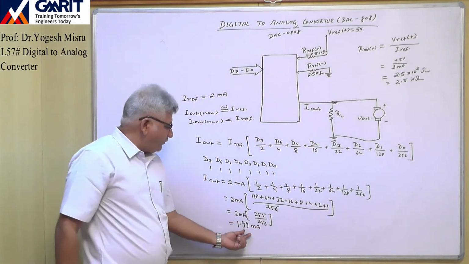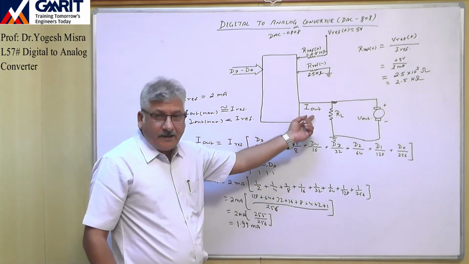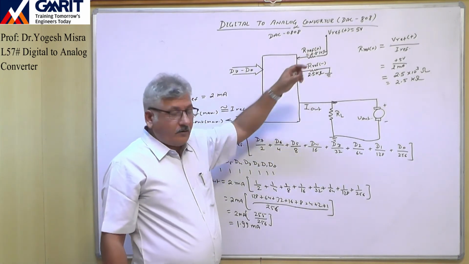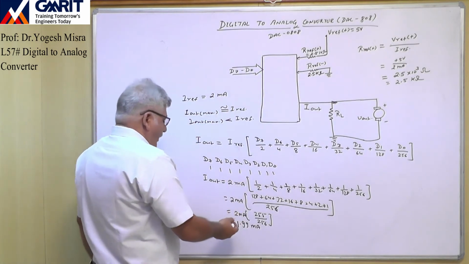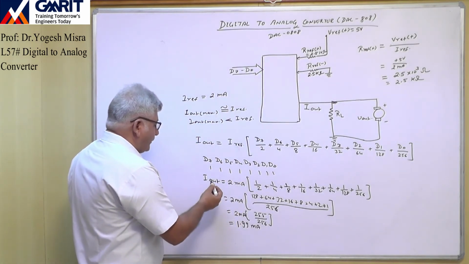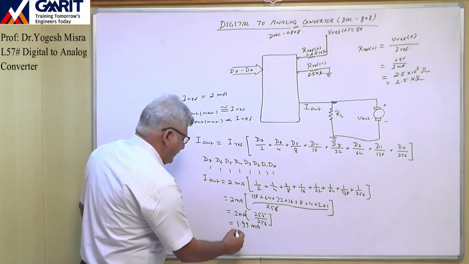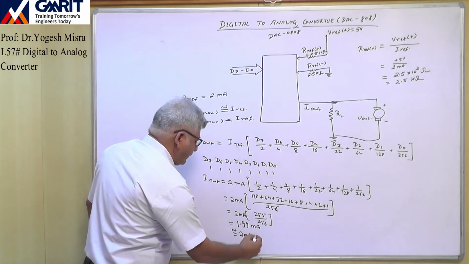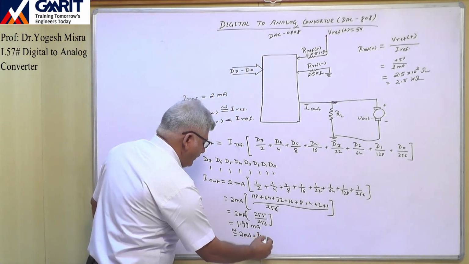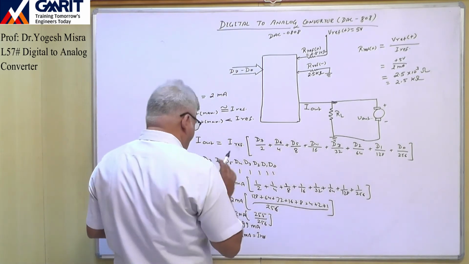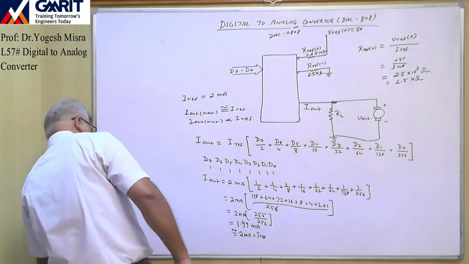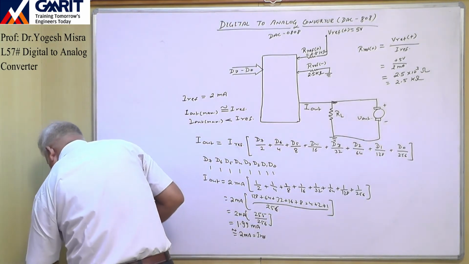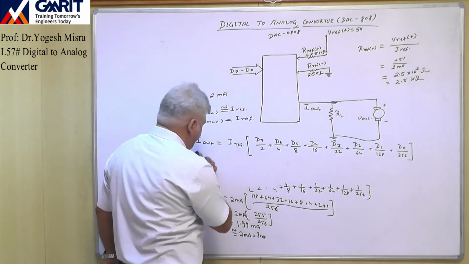This is the maximum current which can be generated from this DAC for this particular configuration. So this I out is approximately equal to 2 milliampere, which is your I reference, but it is slightly less than I reference.